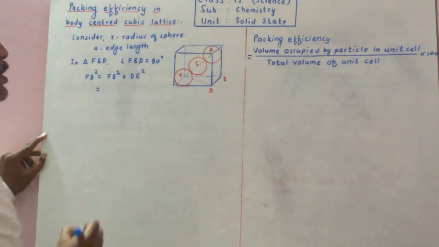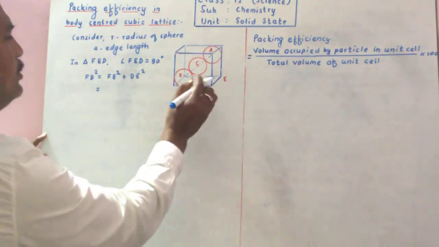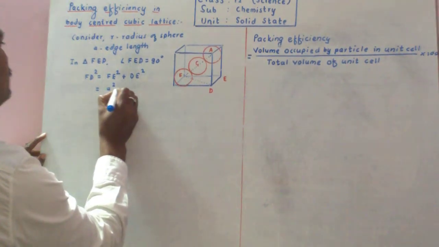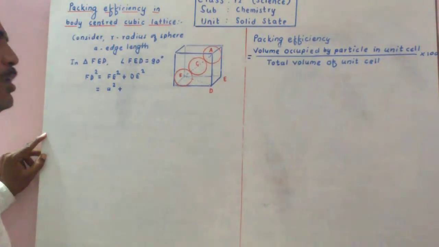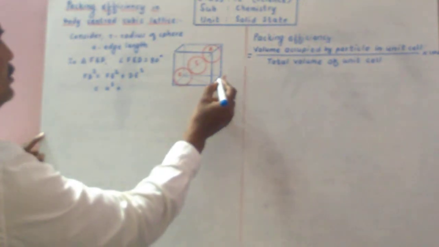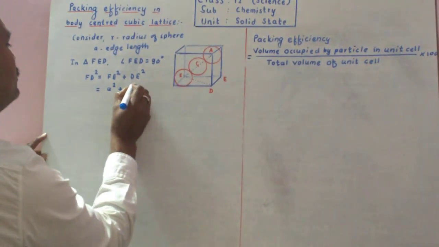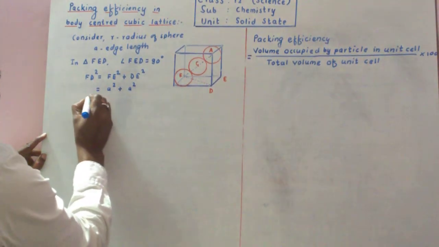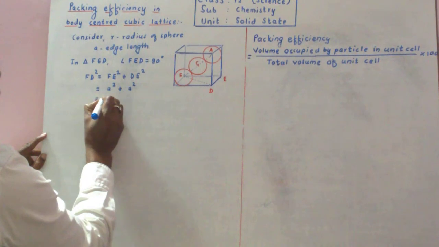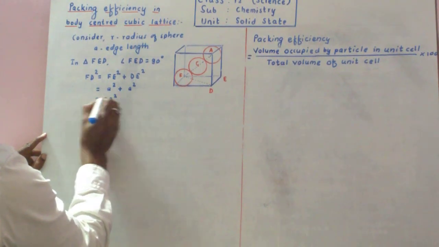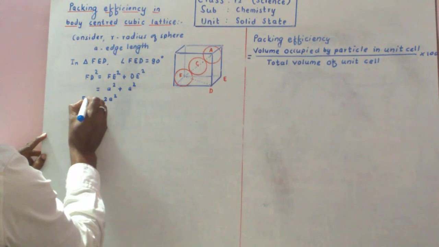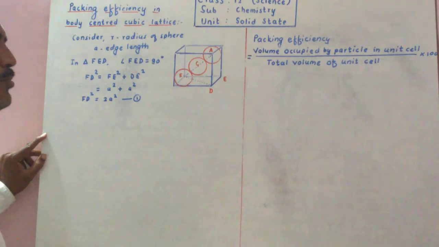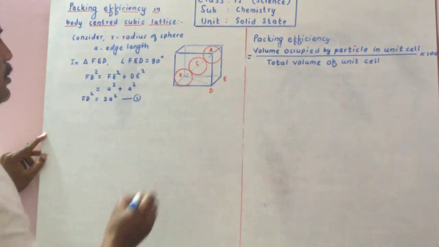Here FE is edge length, so it is a square, and also DE is edge length, so it will also be a square. A square plus a square, 2a square. In this way, FD square equals twice a square. Consider this as equation 1.